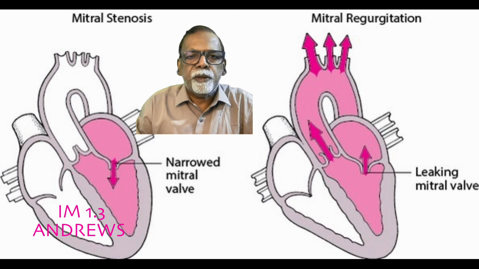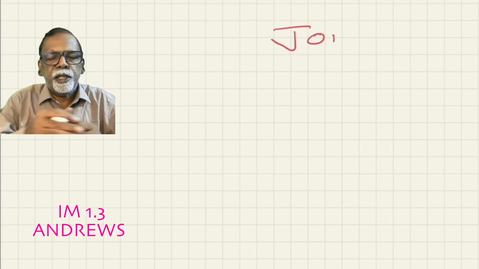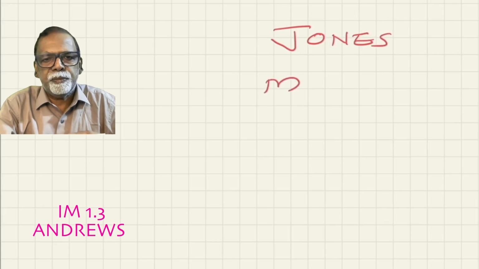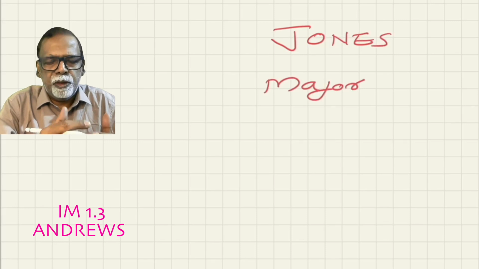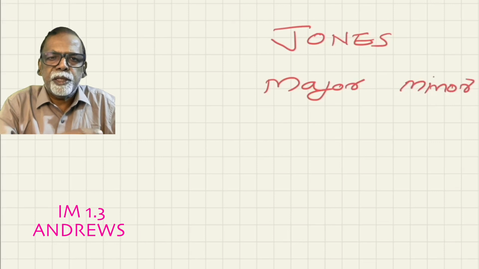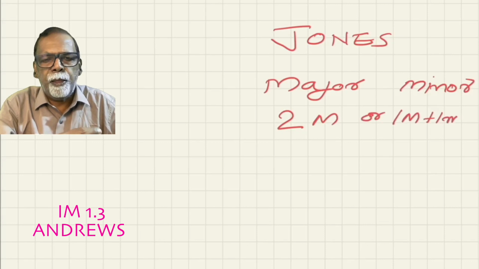How will you make a diagnosis of acute rheumatic fever? The diagnostic criteria is the modified Jones criteria. So it has major criteria and minor criteria. This has been discussed during the last session. Please check the video on this topic previously given.